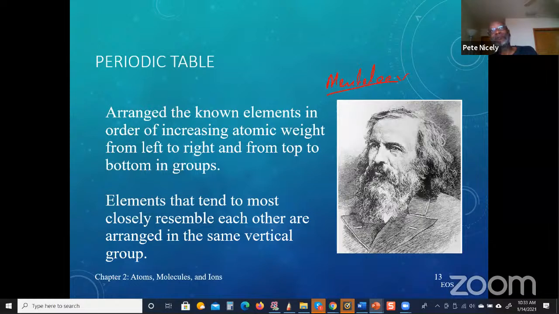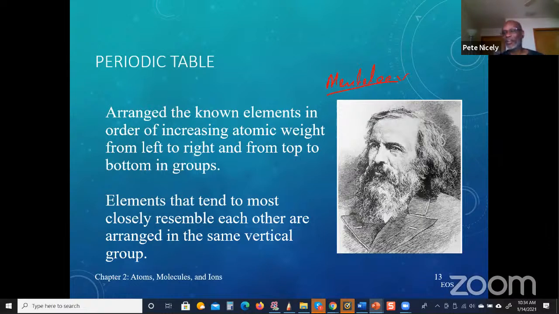So what Mendeleev did was make predictions about those elements, even though they were not discovered, specifically based on their positions in the periodic table, right? He made predictions about color, melting points, the type of compounds they form, and so on. And it turns out that his predictions were spot on in most of the cases, if not all the cases.